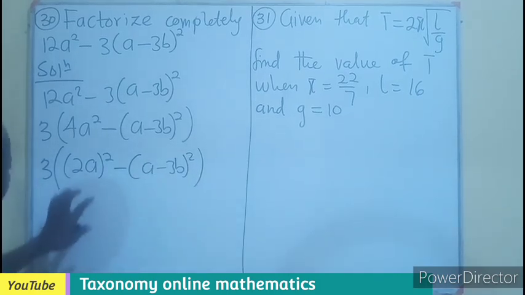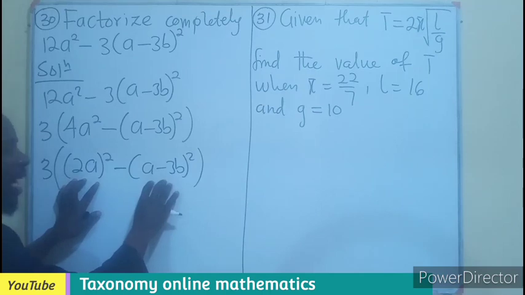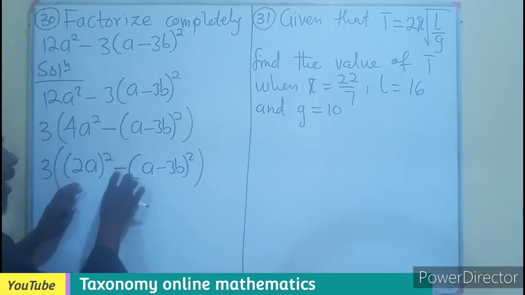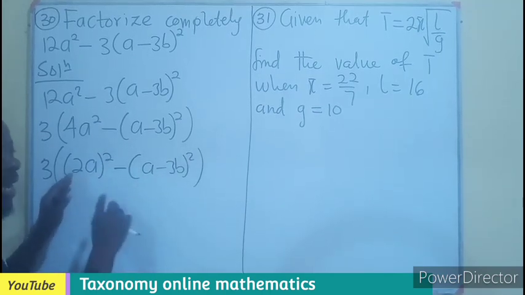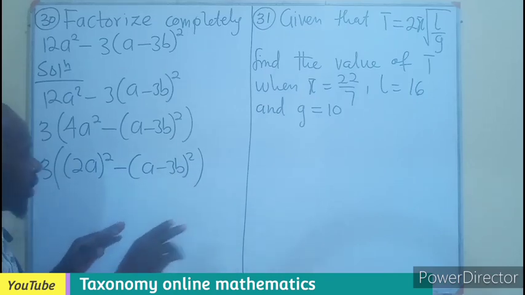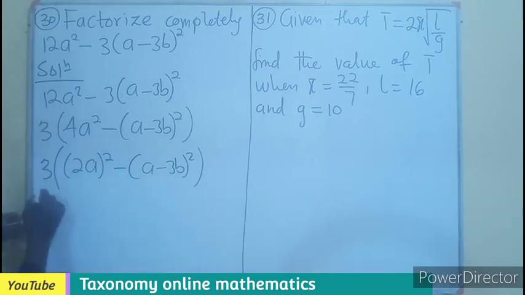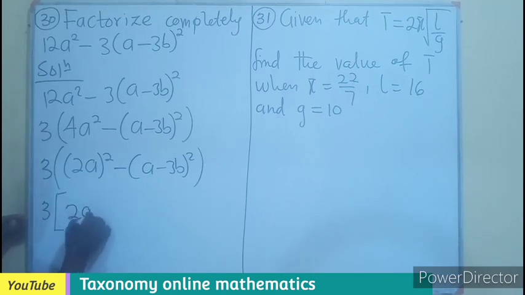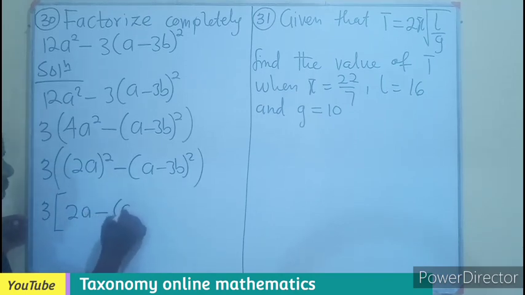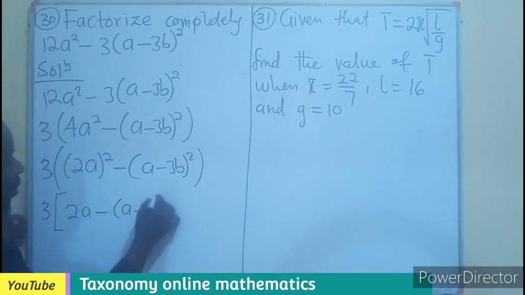The first term squared minus the second term squared makes it a difference of two squares. So I maintain my 3, and in here I'll have 2a minus a minus 3b.